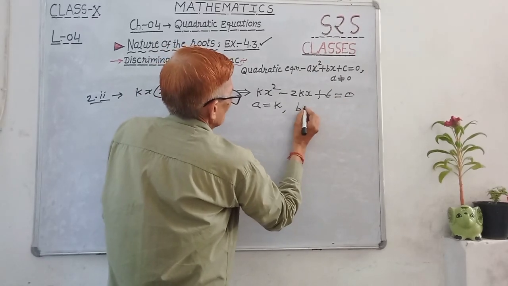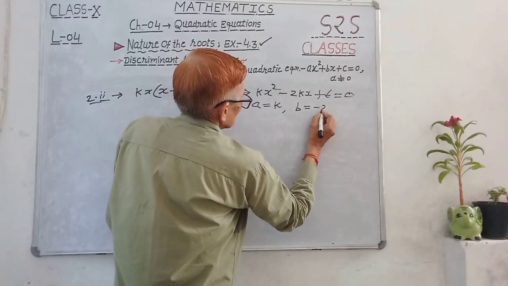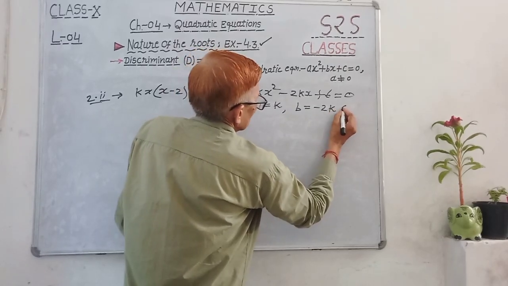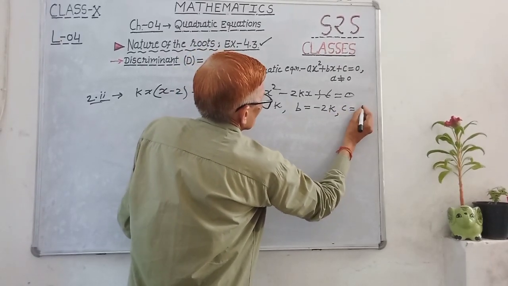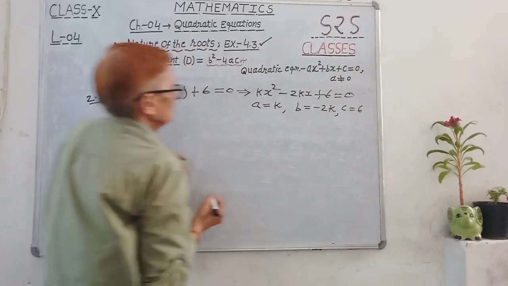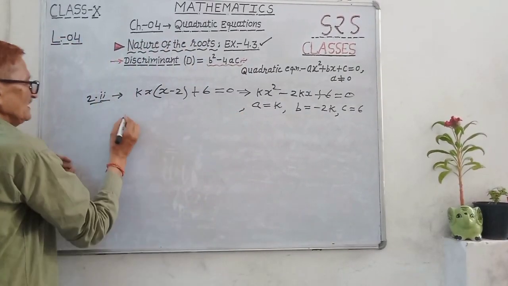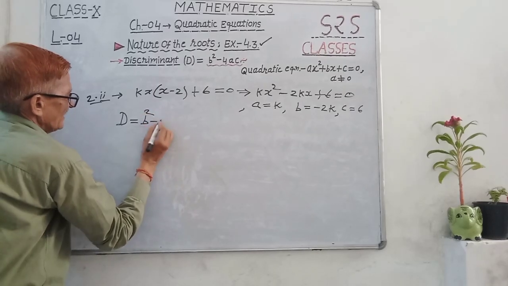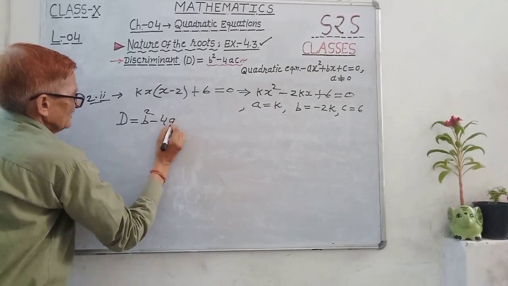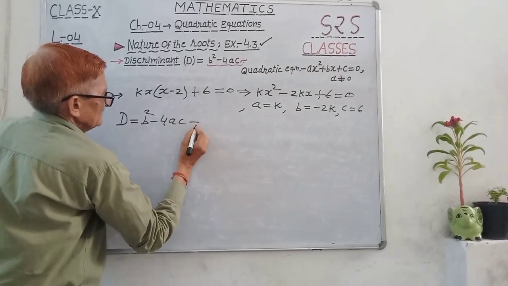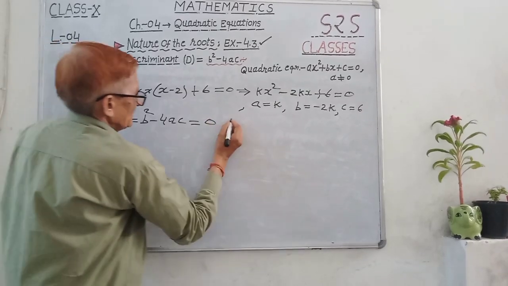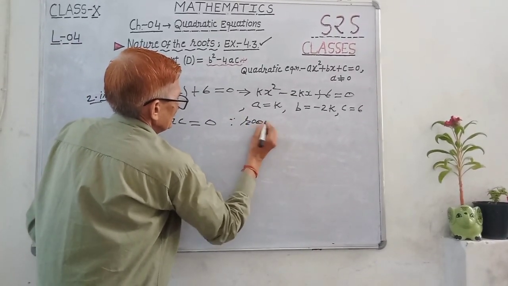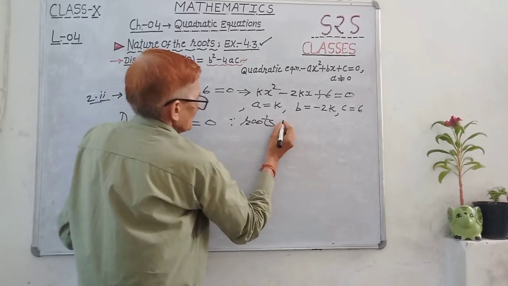B is minus 2k, the coefficient of x. And c is the constant, plus 6. So use these values in the discriminant formula: D is equal to b square minus 4ac, and this equals 0.